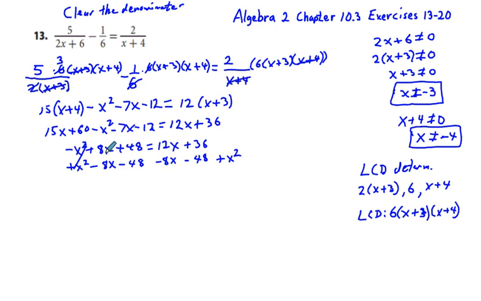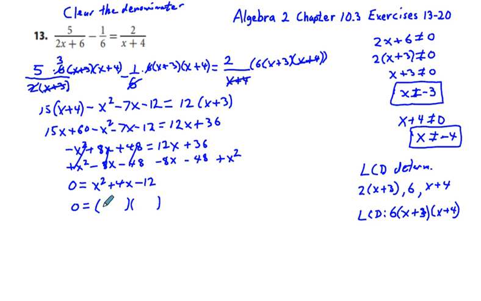So everything cancels on the left side. So we have 0 is equal to, what we have left is x squared and 12x minus 8x is going to be plus 4x. And then 36 minus 48 is going to be minus 12. So now we have a quadratic equation, and if we can factor this, that's going to make our life a lot easier.